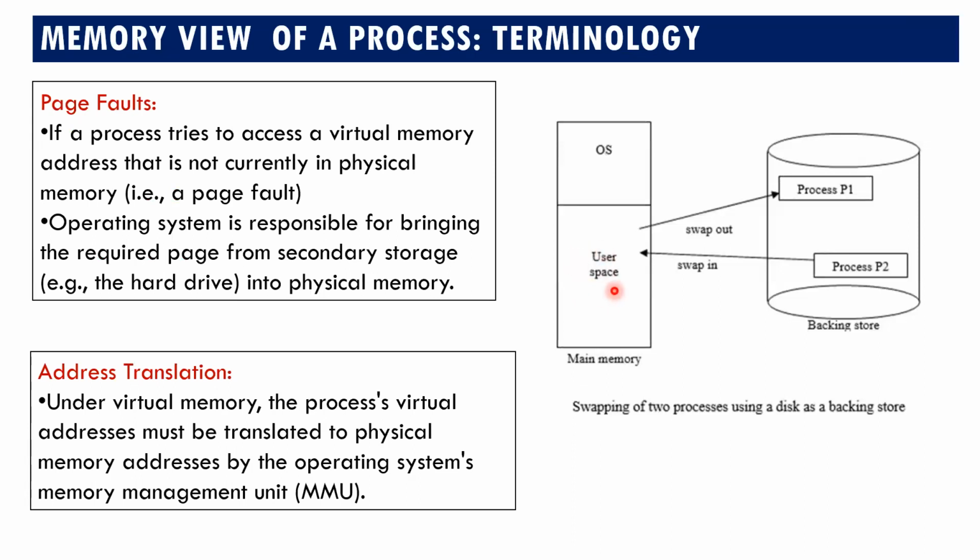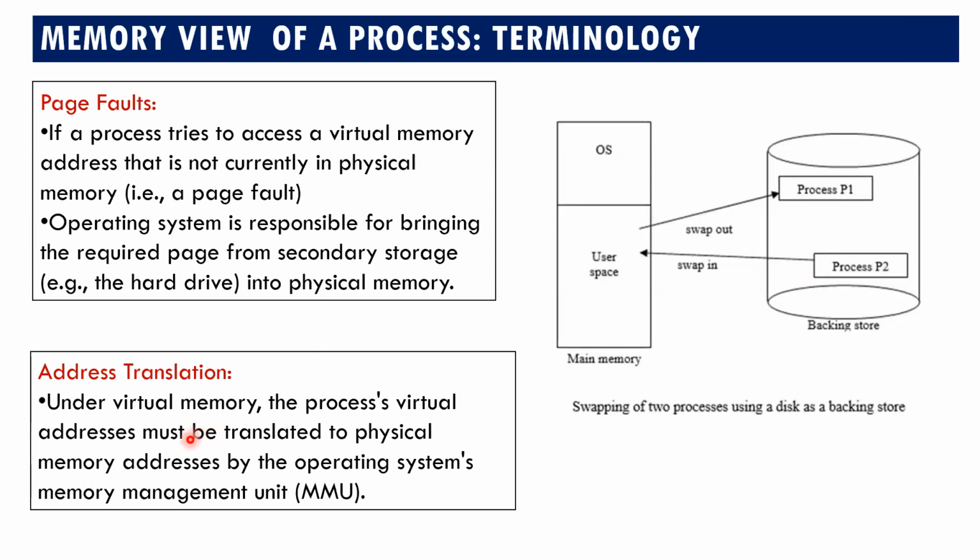So this is the case when a page fault occurs. If the instructions are not present in the main memory, we say that it is a page fault. And whenever there is a page fault, the operating system has to bring the instructions back from the hard disk to the main memory for execution.